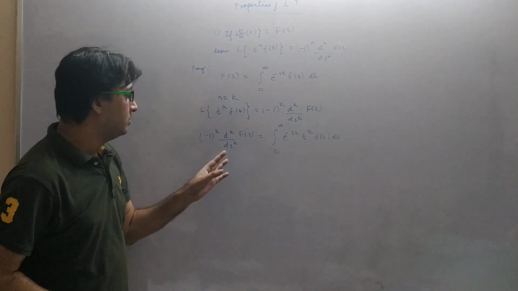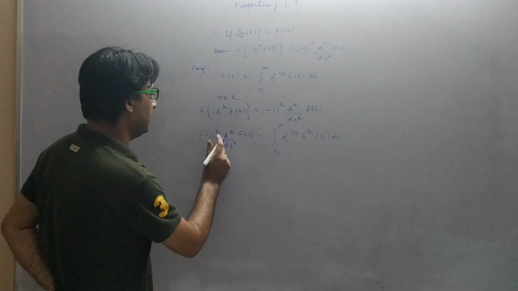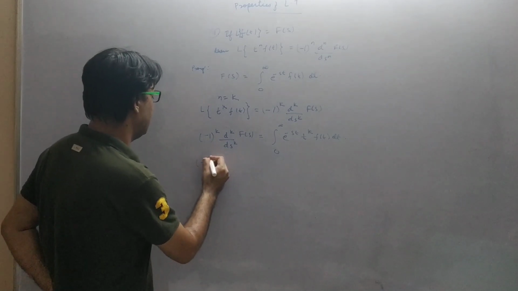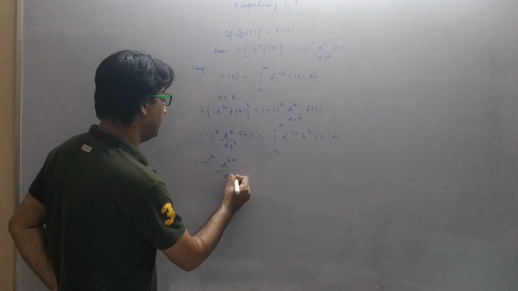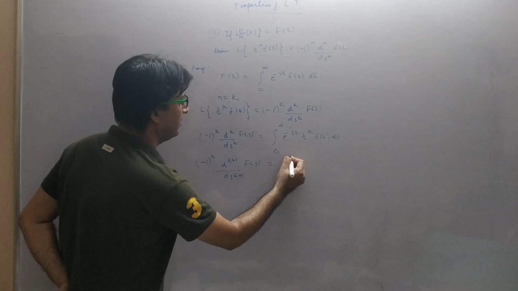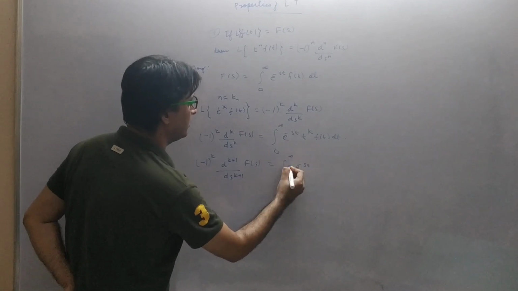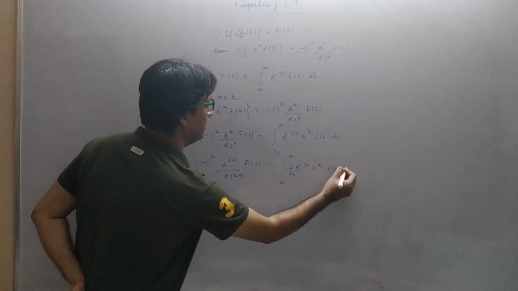Now what we do is we again take the derivative with respect to s. So what it becomes? d^(k+1), and again we are introducing the sign of differentiation under the integral of t to the power k f(t) dt.